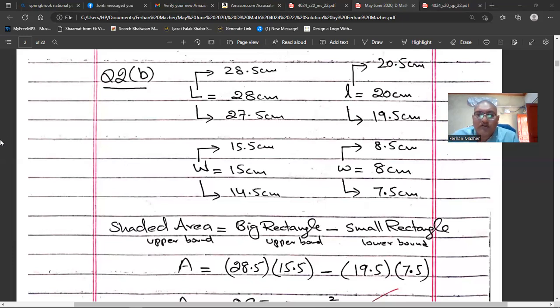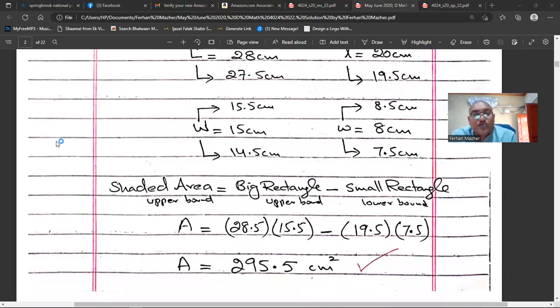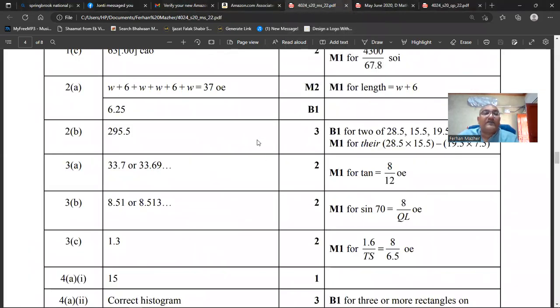I want its lower bound for the area, so its length and width lower bounds will be taken. So I will take 19.5 multiplied by 7.5, and when you enter these values in your calculator, you will get 295.5 centimeters squared. That's the lower bound of that area. Let's check. 295.5 is the right answer, sir.